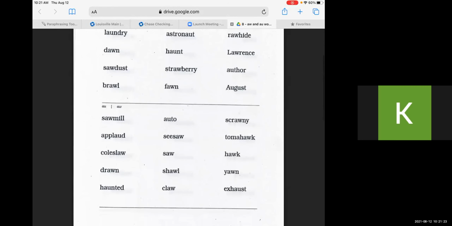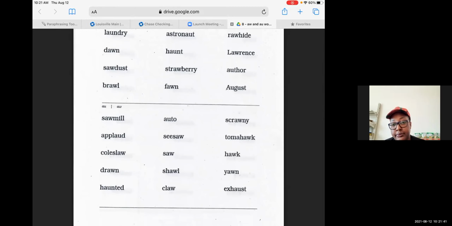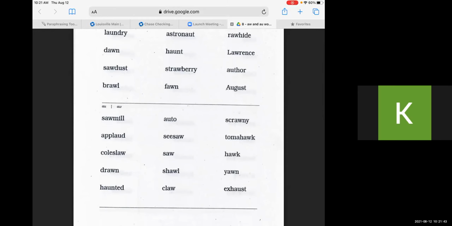Sawmill. Auto. Scrawny. Applaud. Seesaw. Tomahawk. Coleslaw. Saw. Hog. Drawn. Shawl. Yawn. Hunted. Claw.